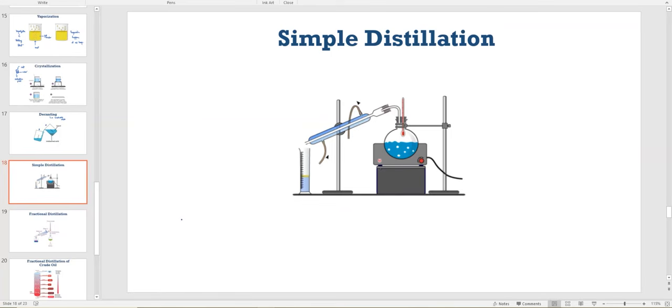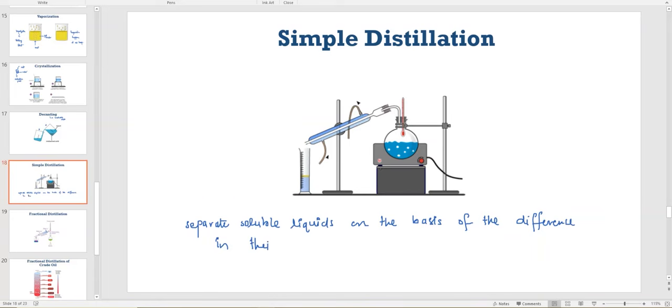Distillation is a process, a technique which is used to separate soluble liquids on the basis of the difference in their boiling points.